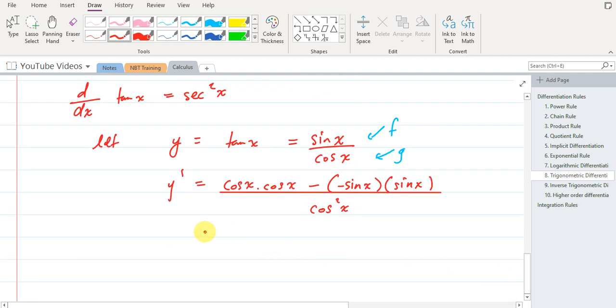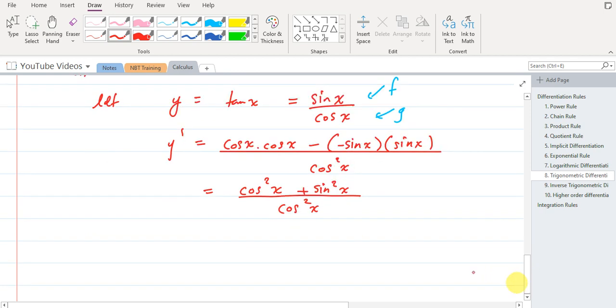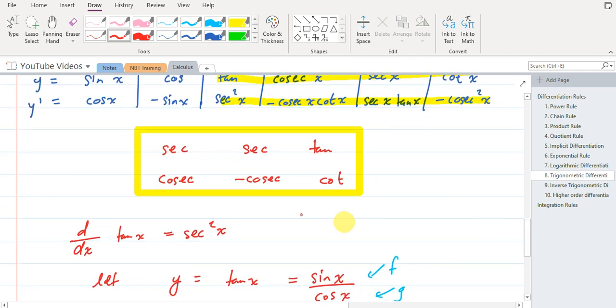Now what we have is cos squared x plus sine squared x, all over cos squared x. And what do we have? We have 1 over cos squared x, which is equal to sec squared x, and that is the derivative of tan x, which is sec squared x.